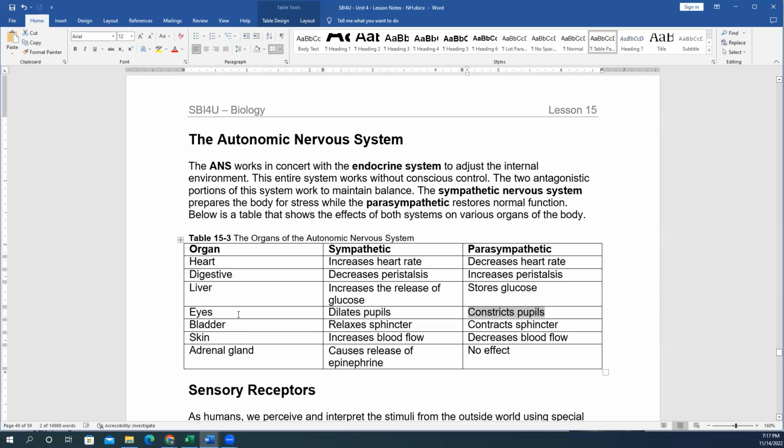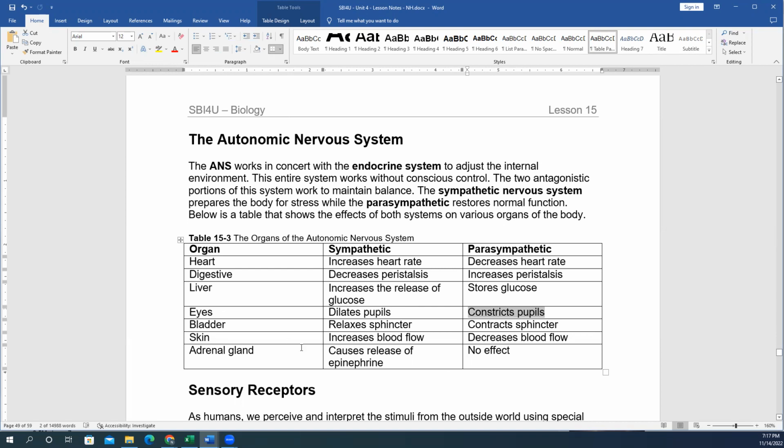The bladder, with respect to the sympathetic system, might relax its sphincter, perhaps to discharge the contents, preparing for that fight or flight response, while the parasympathetic will contract the sphincter back to its normal state.